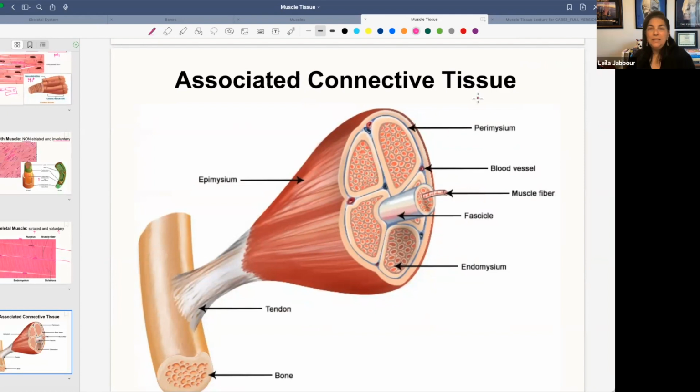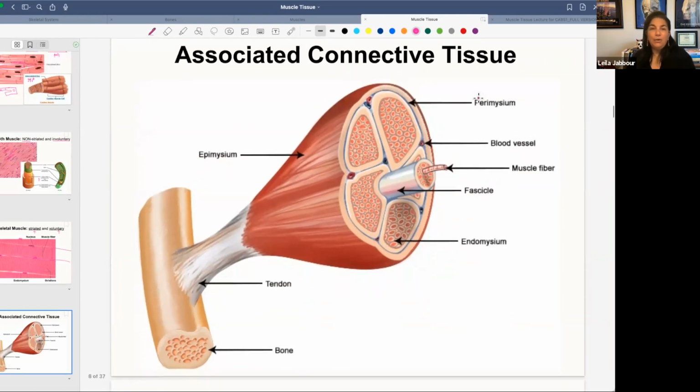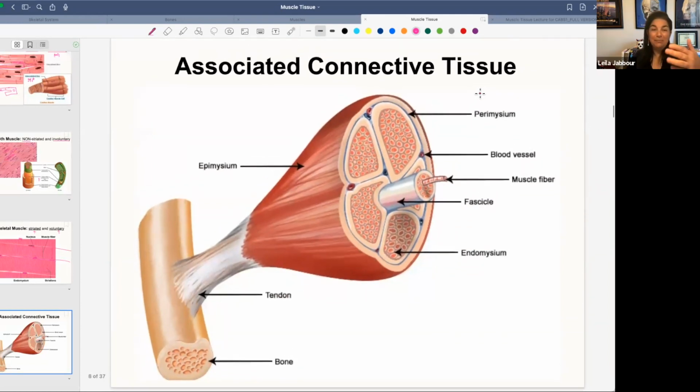Okay, speaking of an organ made of muscle, we always see a connective tissue wrapping. We saw this around bone. We saw this around cartilage. We see this around brain, right?